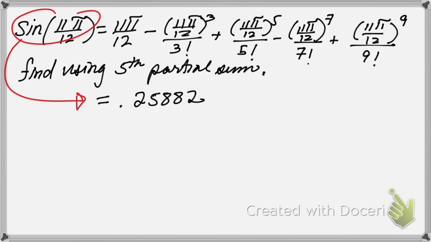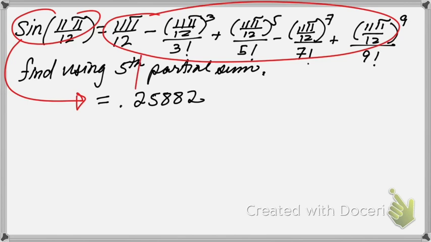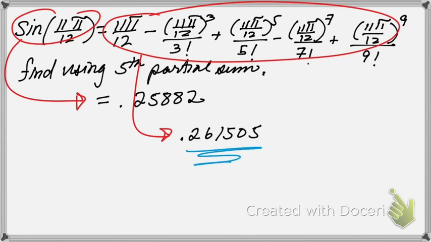If I enter the series instead, then I'm going to get 0.261505. So in order to get this number here, we have to use the series. If you're asked for the fifth partial sum, you can't just enter sine 11 pi over 12 and hit the key and get the answer. You're going to have to do 5 terms.